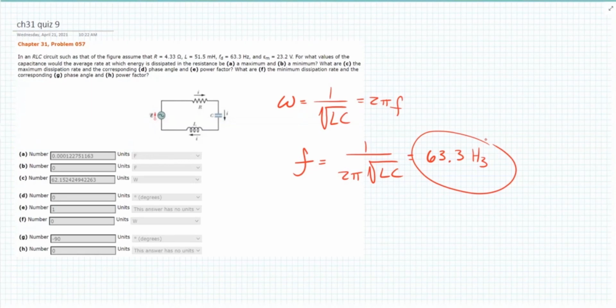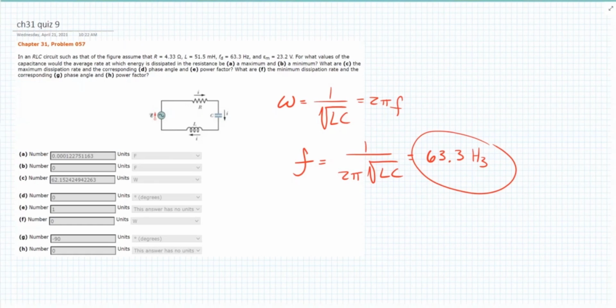All right, I think it's 63.3. So resonance occurs at 63.3 hertz. Oh, darn, they already told us that. Oops, sorry, but good learning experience. They actually already gave us that 63.3.